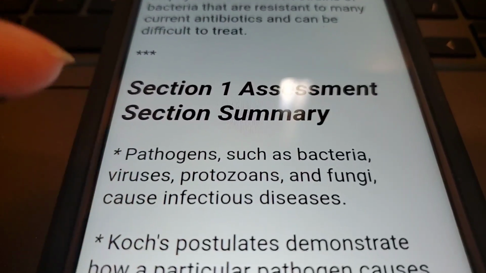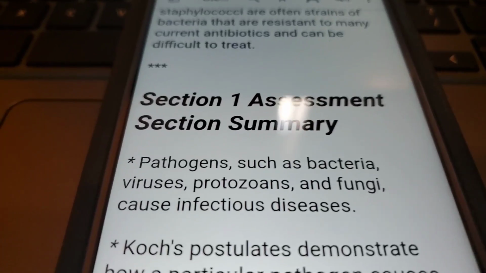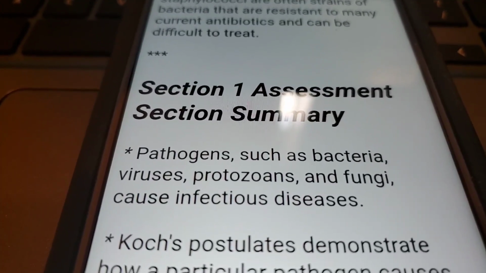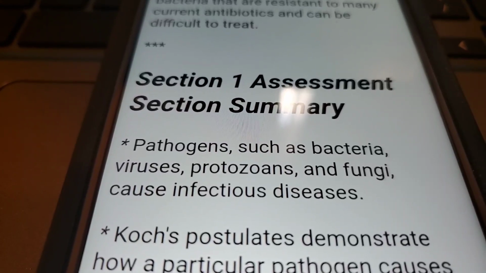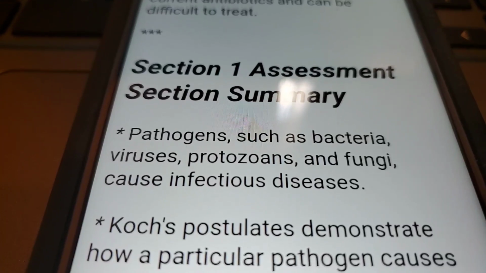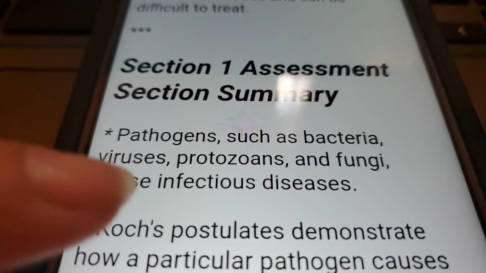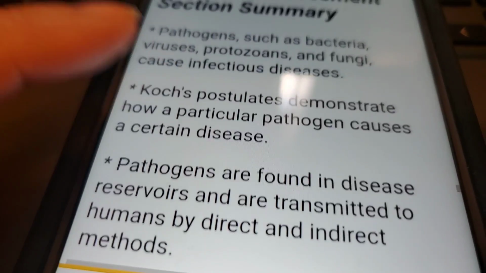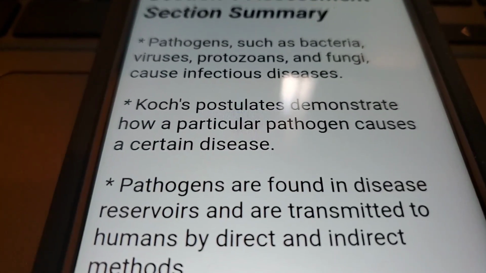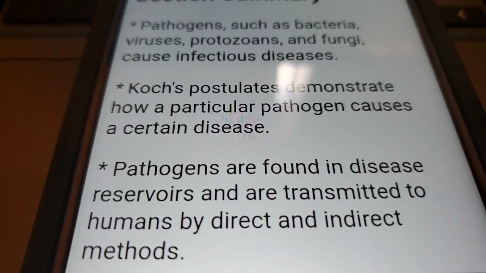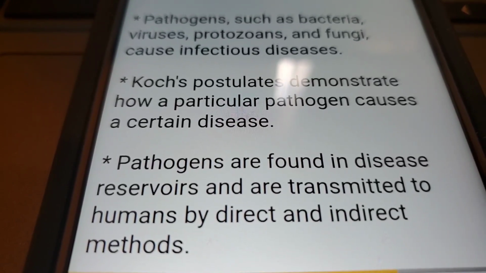Okay. Section 1, Assessment, Section Summary. Pathogens such as bacteria, viruses, protozoans, and fungi cause infectious diseases. Okay, so that was number 1 on our questions. Pathogens are found in disease reservoirs and are transmitted to humans by direct and indirect methods.